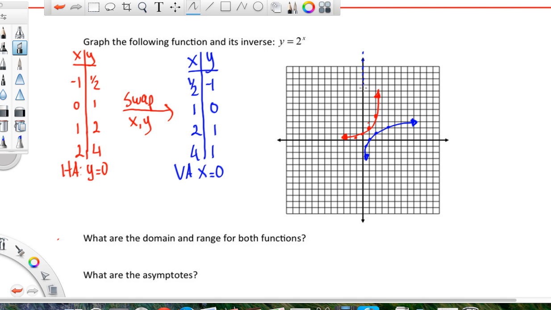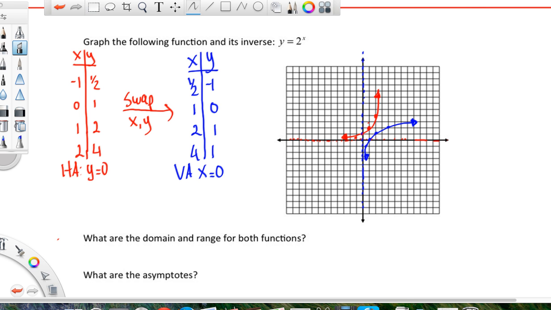And you can see that it does appear to have that as an asymptote. Okay? Just keep in mind that if you swap x's and y's, these y values here never quite get to 0, right? So you're just approaching it closer and closer and closer. So if you mirror that, then this blue line will get closer and closer, but it will never get there either. So hopefully it makes sense that way as well.